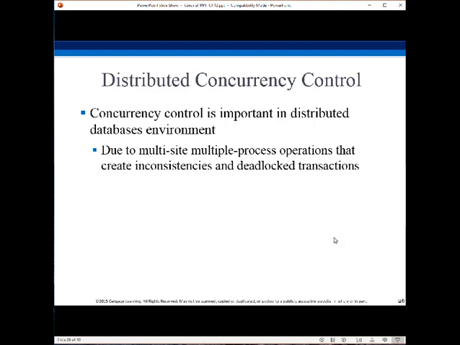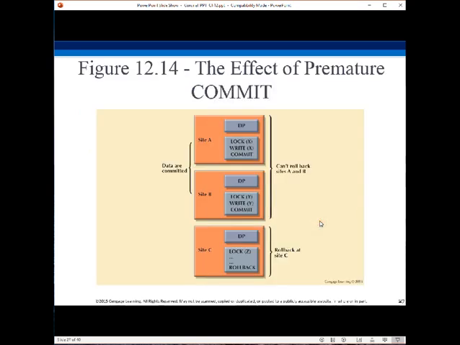Concurrency control, again, is important in distributed database environments. And here is an example of how a commit is going to be done between three different sites. The example I was giving was between two sites, but when you start getting into more sites, then you have some other options.